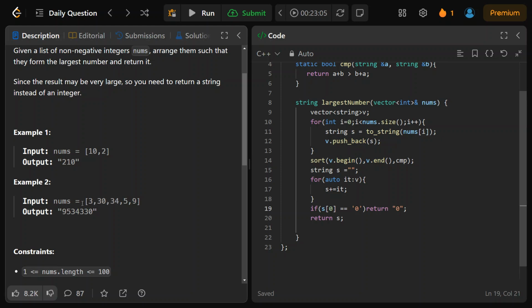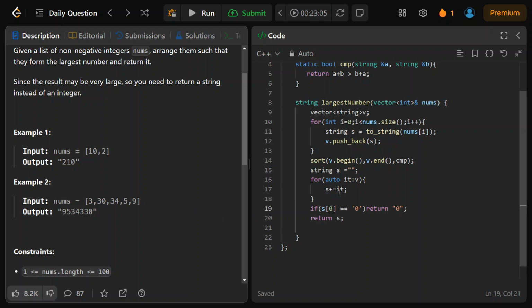The first character in these values is the same, but the second character of 34 is the largest, so 34 will come first. Then the second character of 30 is greater, so 30 will come at the fourth index, and then 3. Then we take one string variable, concatenate all these values in this descending order, store it in the string, and then simply return the string.